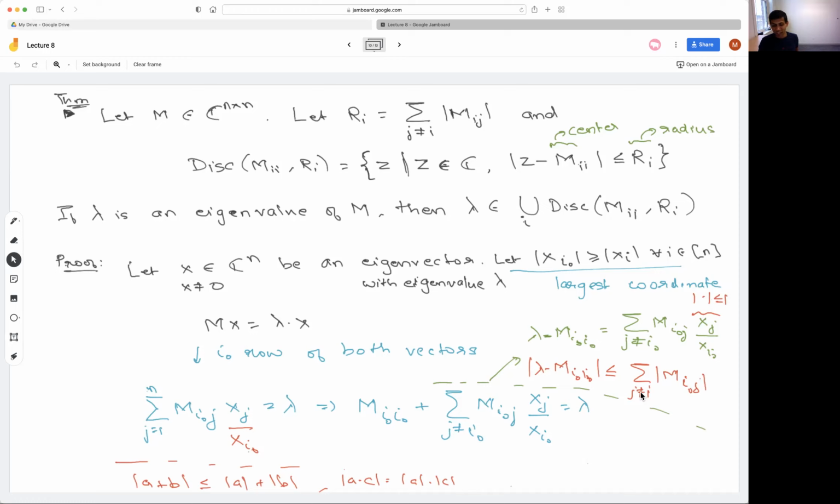So xj divided by xi0 has modulus less than or equal to 1, which gives us the theorem. Okay.